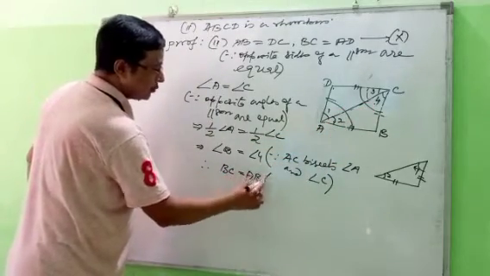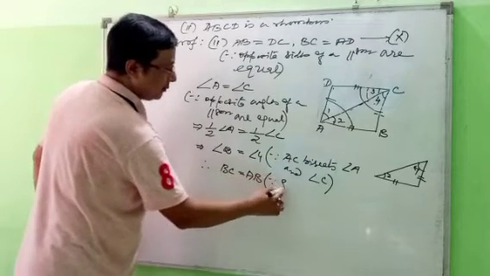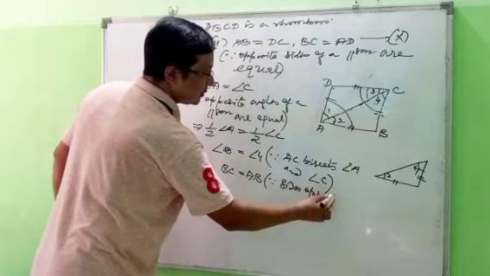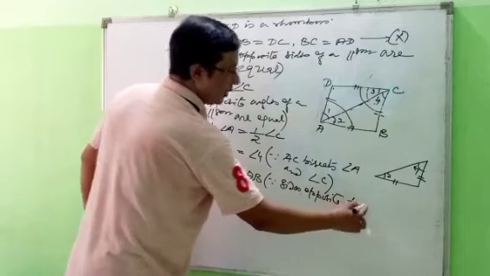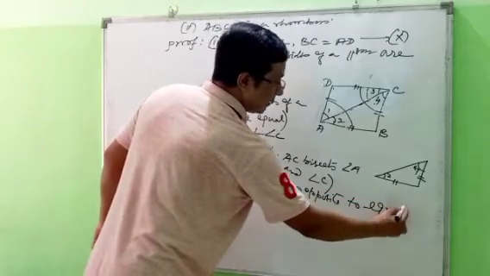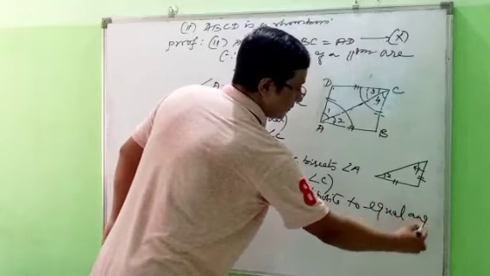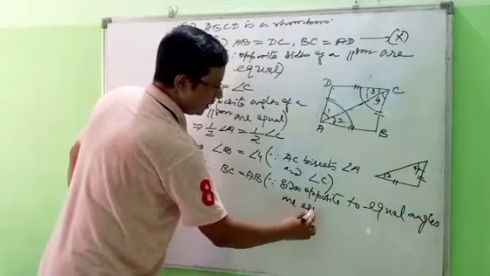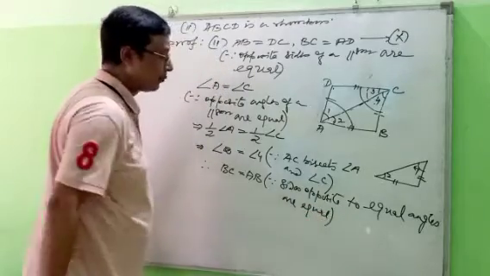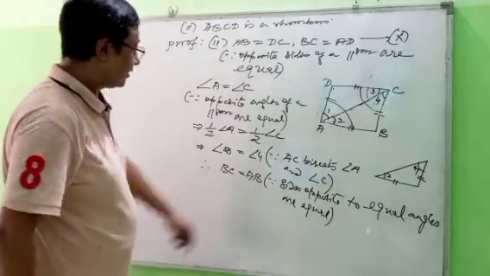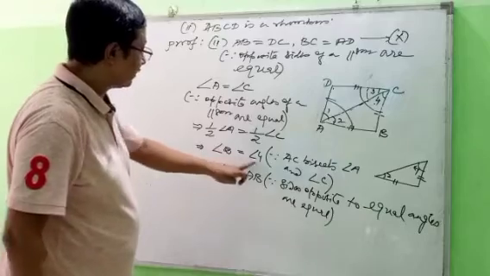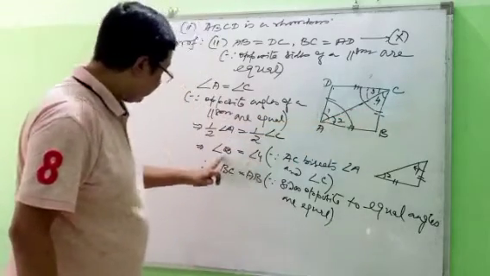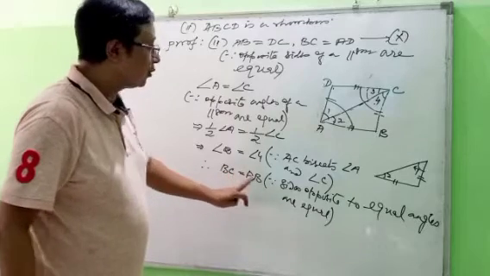So this is since you have got that sides opposite to equal angles are equal. So you have proof in the triangle chapter. So now, since the opposite angles of the triangle ABC are equal, their opposite sides are also equal.